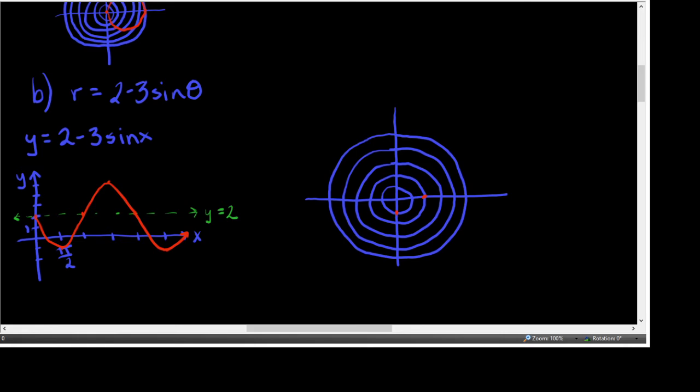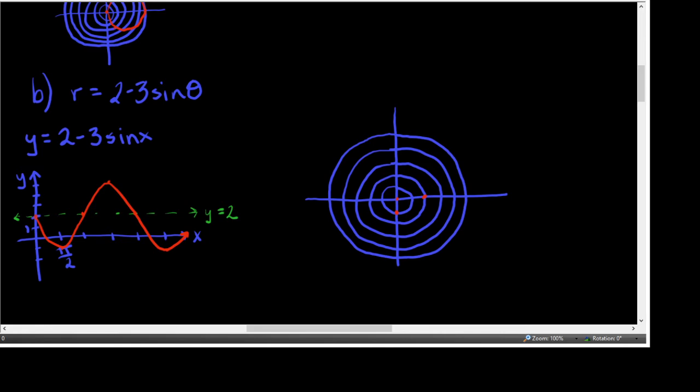Now, in between those 2 points, there are an infinite number of points that we could use to think about plotting this, but one of the most important is that point where it crosses through the x-axis. I may or may not know exactly where that is, and I don't think that that's really the most important thing. But we do know that at some point the radius will be 0, which means we go through the pole.